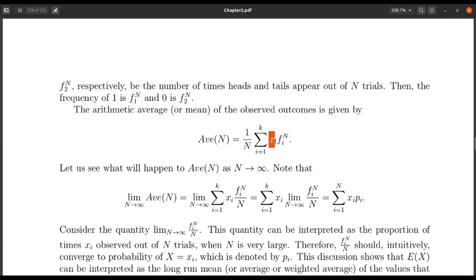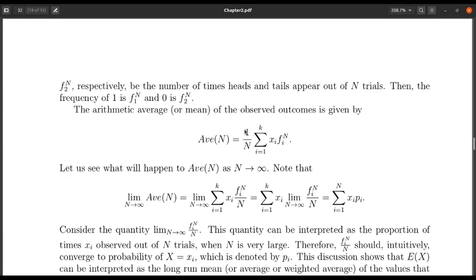That is nothing but the value multiplied by the frequency, summed over all the possible values of x, and divided by N. So, for example, if I try to find the average number of heads, that is the number of times head occurs multiplied by 1, plus the number of times tails occur multiplied by 0, divided by capital N. This is the standard average which we learned at school level.